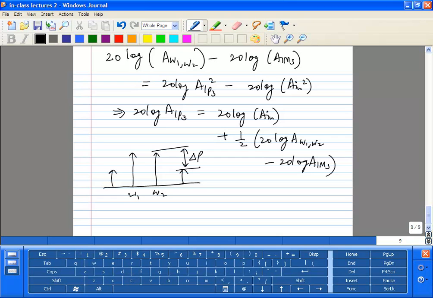Nothing but this, right? 20 log A omega 1 omega 2 minus 20 log A IM3 is the delta P. Okay, this is a very simple relation in terms of power quantities.